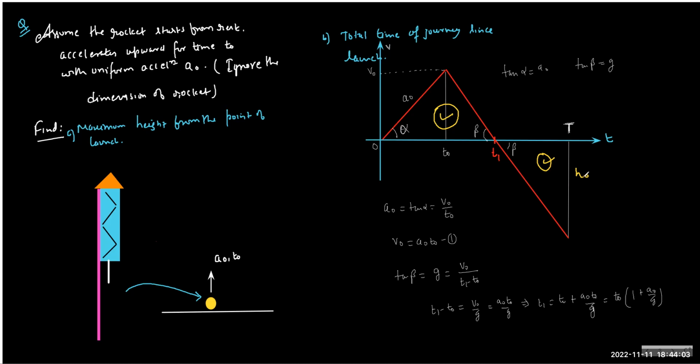Because we cannot afford too many variables. So you can write tan beta equals H naught by T minus T1, right? H naught is g times... Don't substitute now. So this area will be how much?